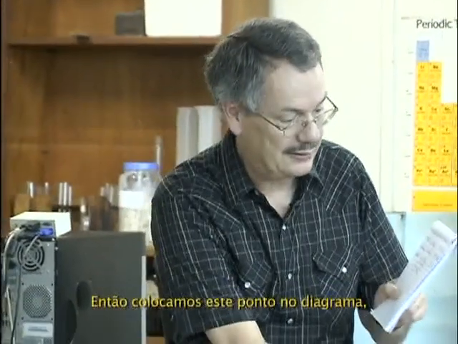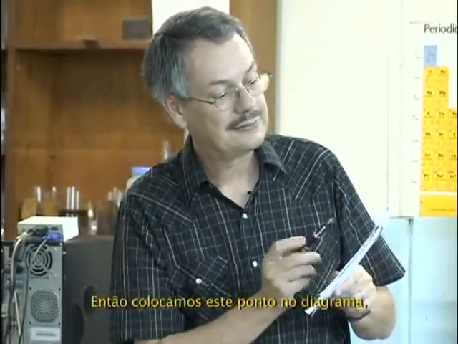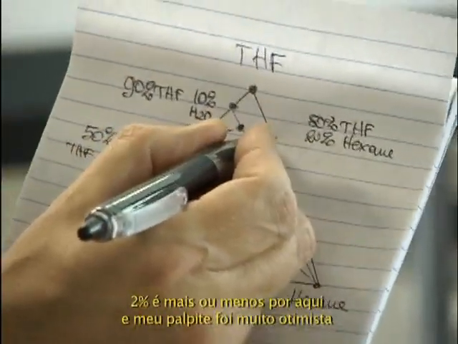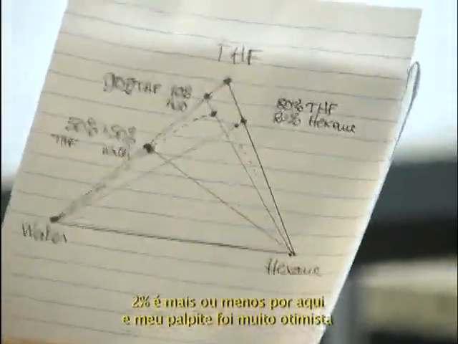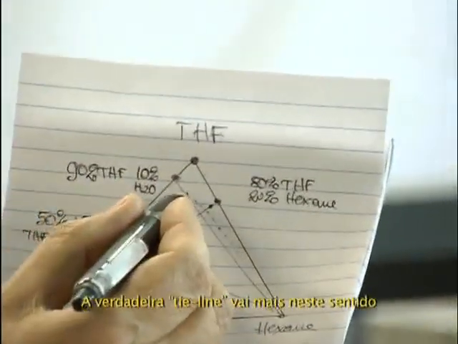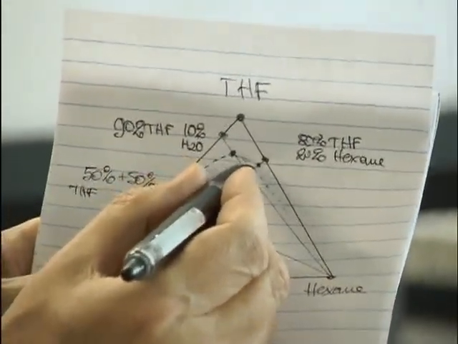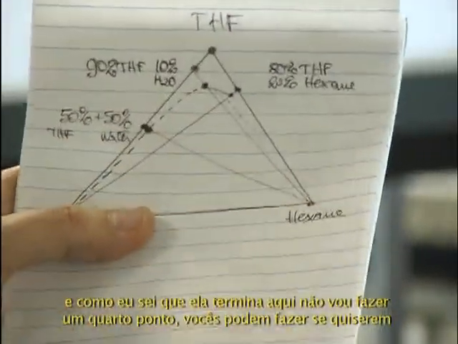So we put this on the phase diagram. 2%, it's approximately here. So my guess was too optimistic. The real tie line goes more this way. And since I know it's finishing there, I will not make a fourth one.